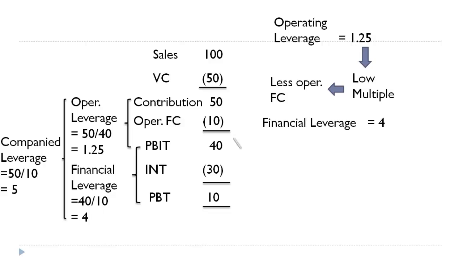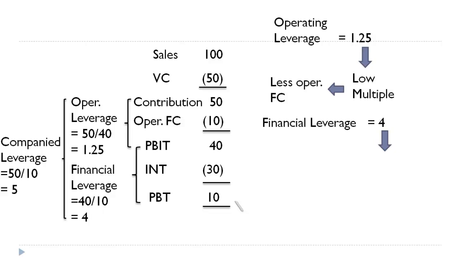But we'll look at financial leverage. Our financial leverage was 4 times. It means PBIT divided by PBT had given 4. It means PBIT is 4 times of PBT. Is it not? In this case, the PBIT was 40, whereas PBT is 10.